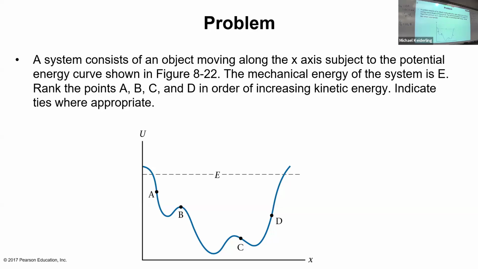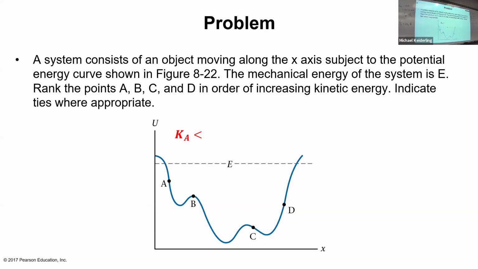Because A is the highest, it has the most potential energy, so it'll have the least kinetic energy. Kinetic energy is the distance up to that dotted line. So lowest is the kinetic energy of A. What do you think is next? Indeed, B is next. After that, D is next, and then last is C.